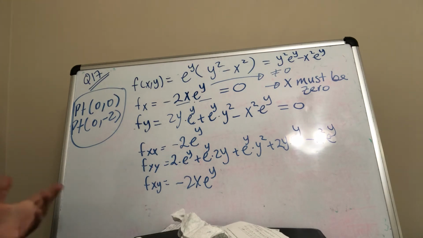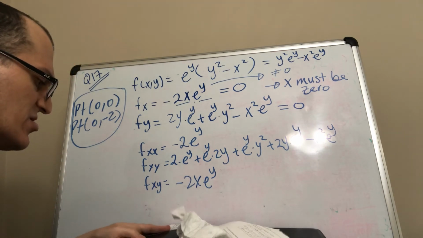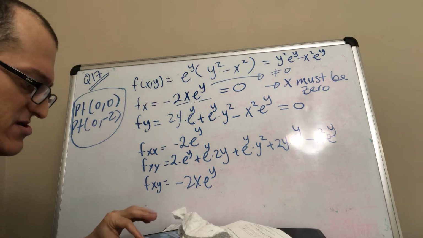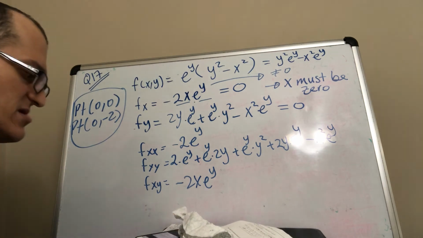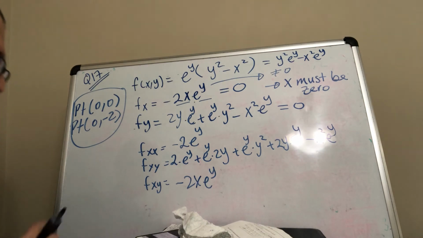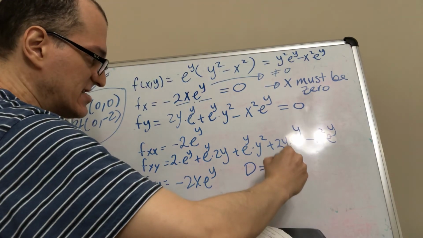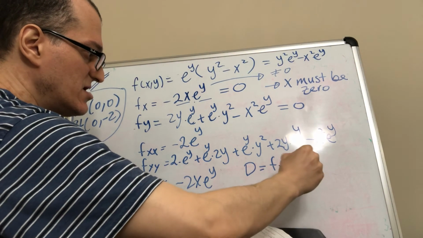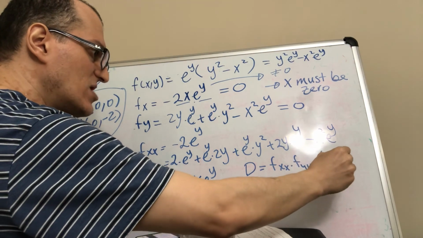Now, to know if it's a saddle point or not, I'm going to apply this formula. The formula says you need to compute D, which is fxx times fyy minus fxy squared.